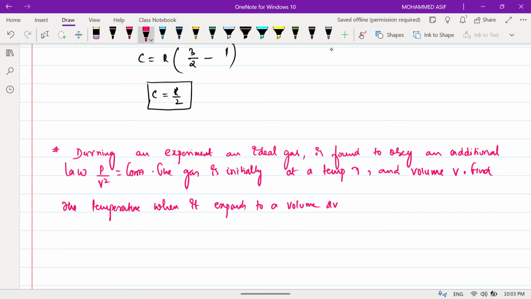This is your question. Giving you options: 8T, 10T, 12T and 9T. चलो ट्राई करो.